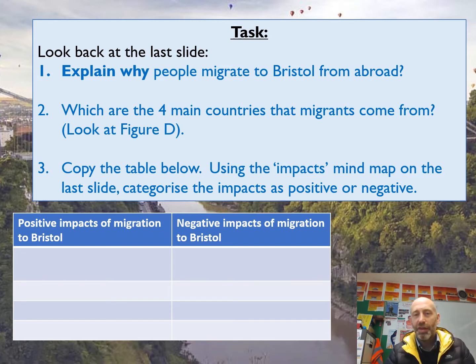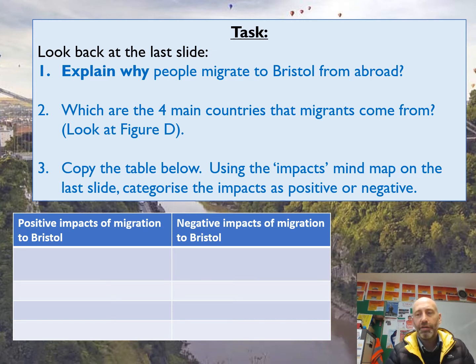Next, on the last slide, there was a bar chart, and I want you to have a look at that and think about your geographical numeracy. What are the 4 main countries that migrants come from in Bristol? And then finally, copy the table below with the 2 columns, and then go back to look at the impacts mind map on the last slide and categorize those impacts as either positive or negative.